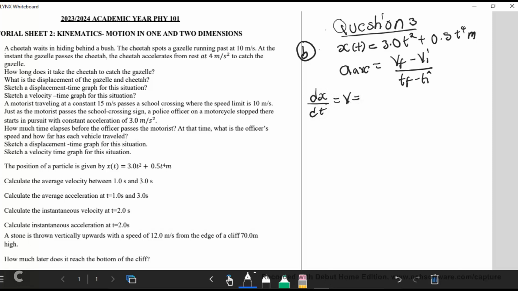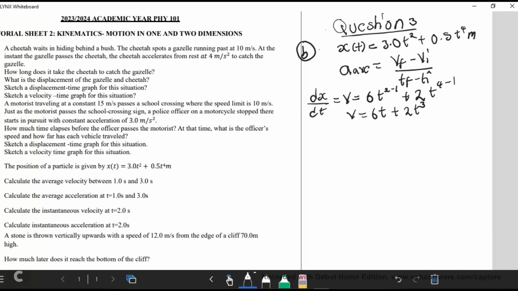So this one times this one will be 6t, then 2 minus 1, plus this one times that one, it will be 2 here, then 4 minus 1, such that your velocity will be 6t plus 2t to the power 3.